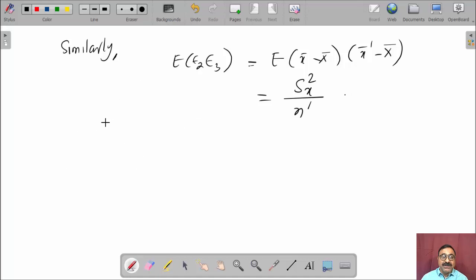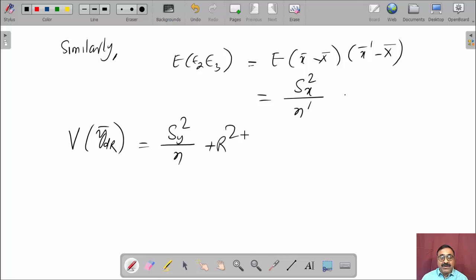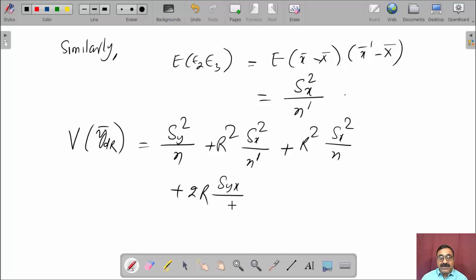So now using these values, the variance of the double sampling ratio estimator is given by Sy square by n plus r square Sx square by n dash plus r square Sx square by n plus 2r Syx by n dash minus 2r Syx by n minus 2r square Sx square by n dash.